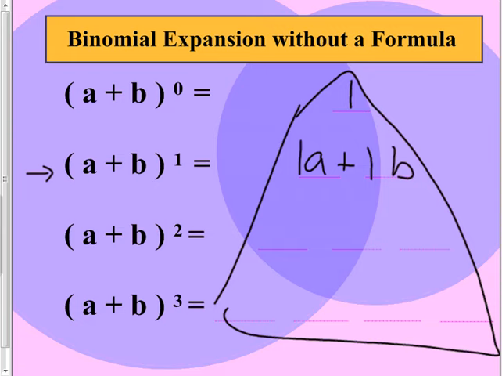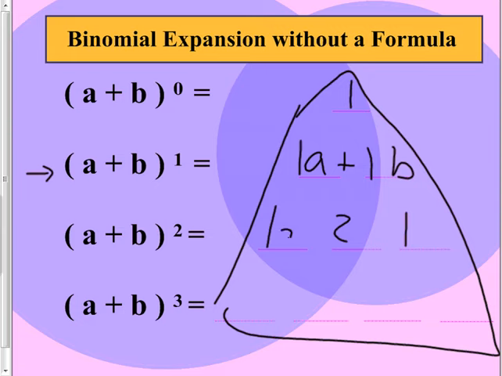Okay, what's the next thing in Pascal's triangle? Oops, sorry. A little premature for the 3. 1, 2, 1. Okay, and then remember how to do this? Fill out the rest of the pattern. Remember, the A starts big and gets small, and the B starts small and gets big.